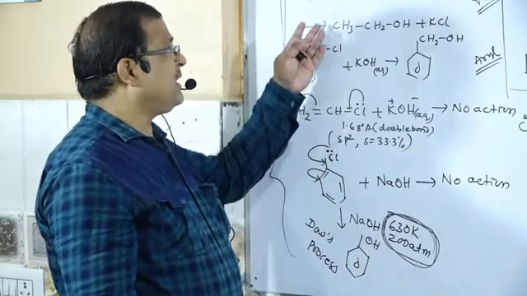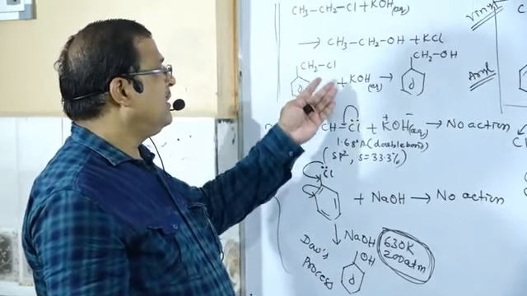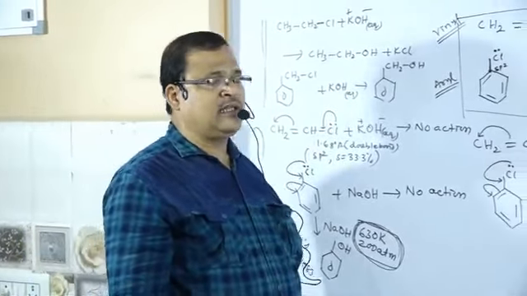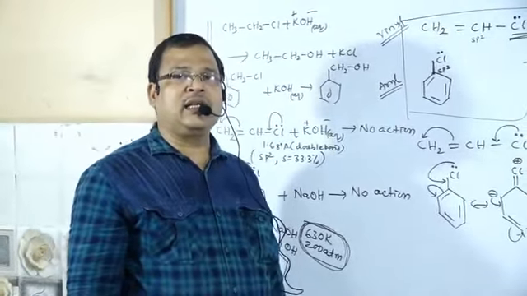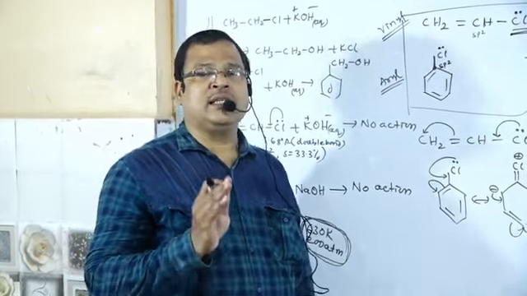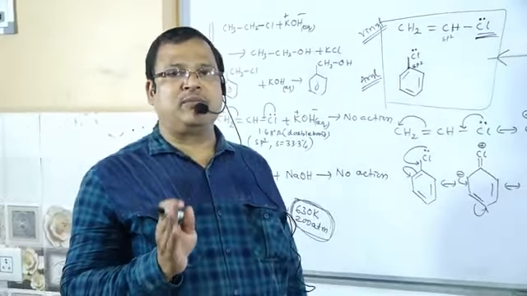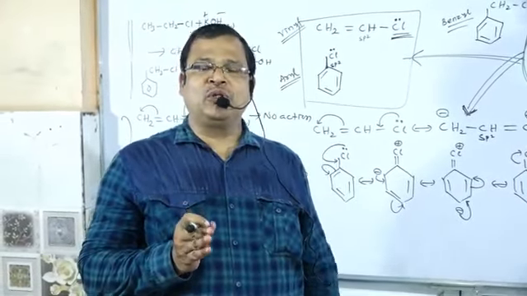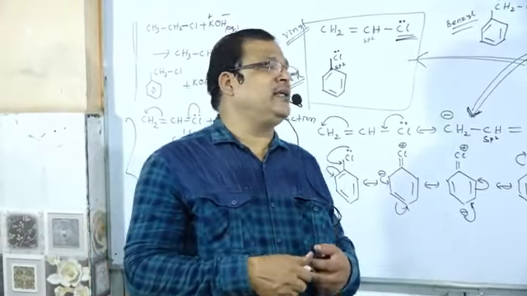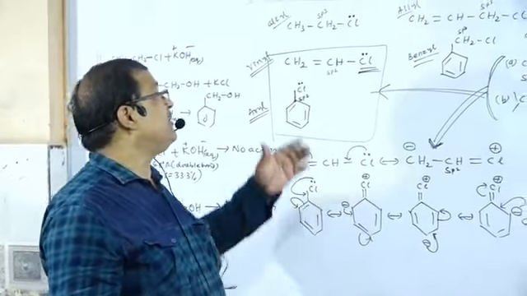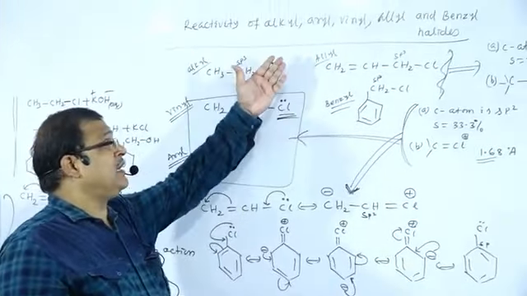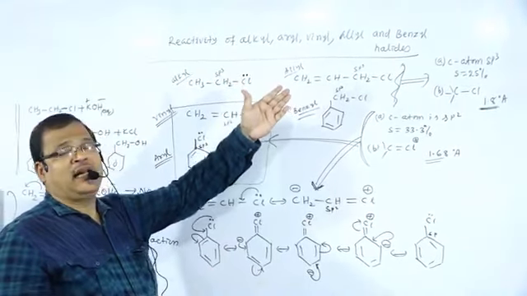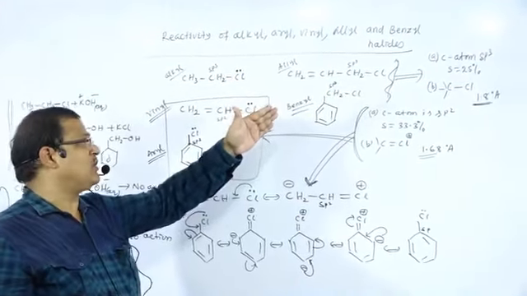But in the case of alkyl halide, benzyl halide or allyl halide, the chlorine atom can easily be replaced by a nucleophile like OH. So this is regarding the reactivity of alkyl, aryl, vinyl, allyl and benzyl halide towards nucleophilic substitution.